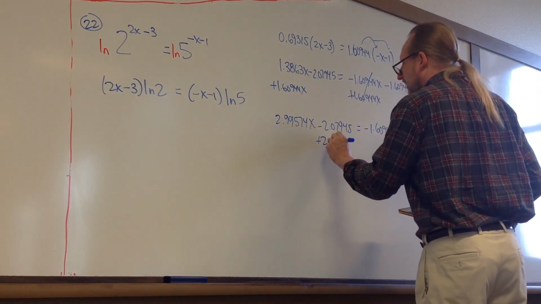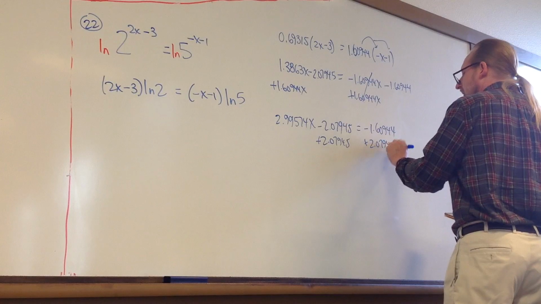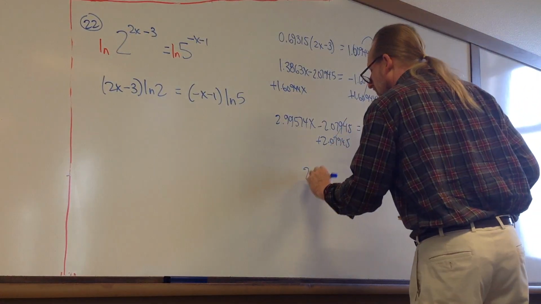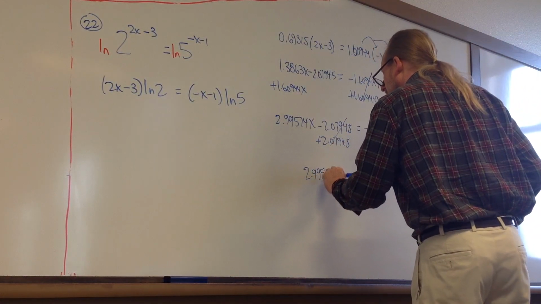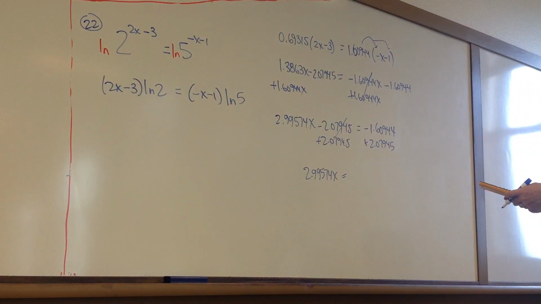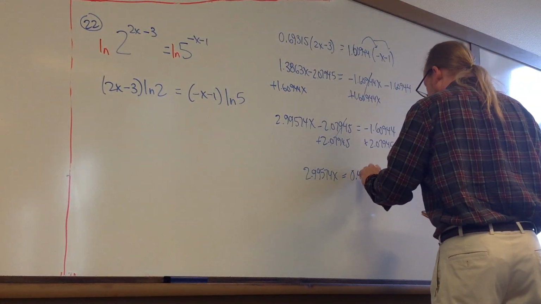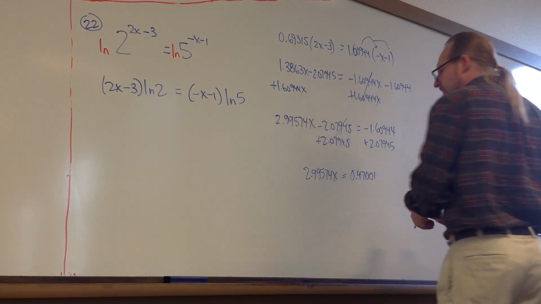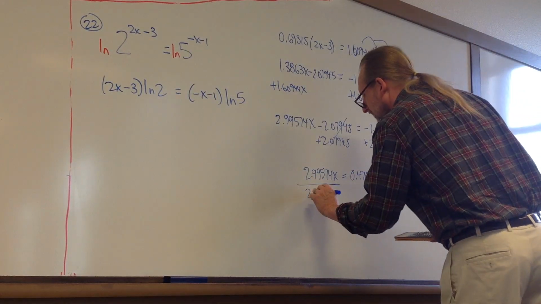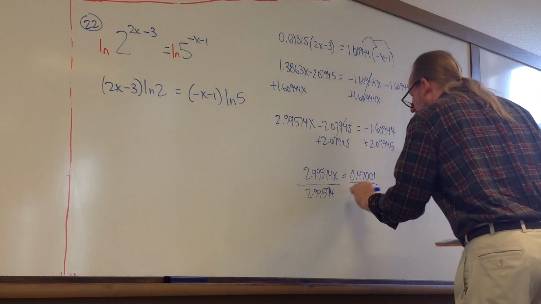So now we want to add this over to the other side. 2.07945. So, negative 1.60944 plus 2.07945, 0.47001, and then we want to divide on both sides by 2.99574.